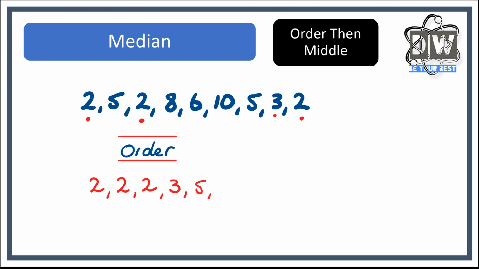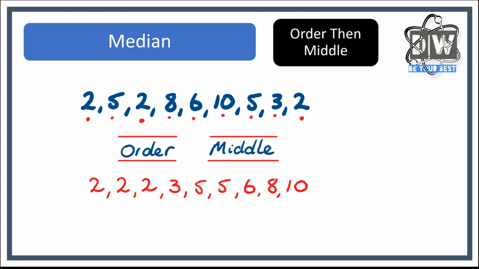I've got a 5, so I'll knock that off. A 5 and a 6, so I'll knock that one off and that one off. An 8, cross that one off there, and a 10. And as long as I do that, you can see that, as I've gone along, I've identified which ones I've already seen and already crossed off.